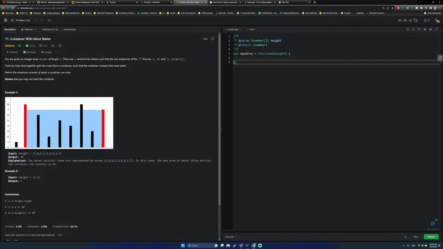Find two lines that together with the x-axis form a container, such that the container contains the most water. Return the maximum amount of water a container can store.